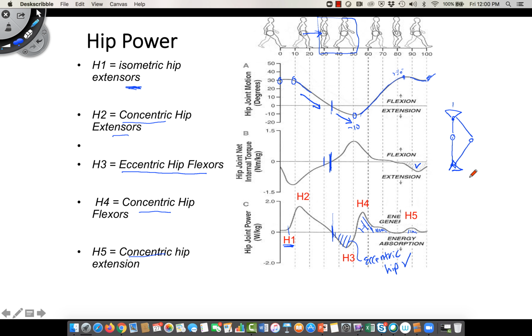And as I go from this position to having my pelvis or trunk slightly in front of my stance limb, now my trunk center of mass is in front of my hip, and so my trunk is essentially extending my hip.